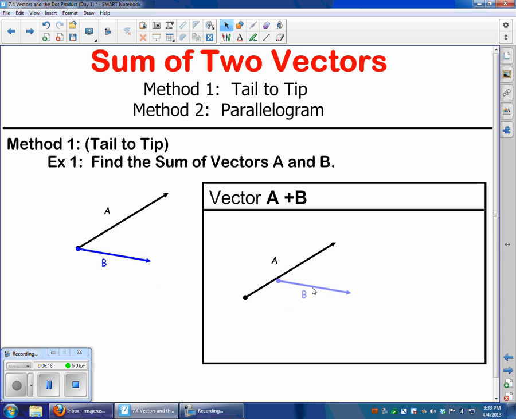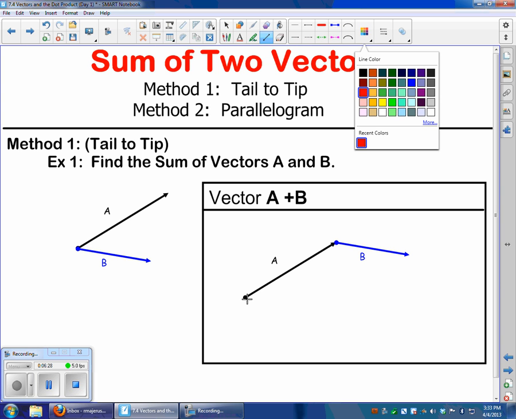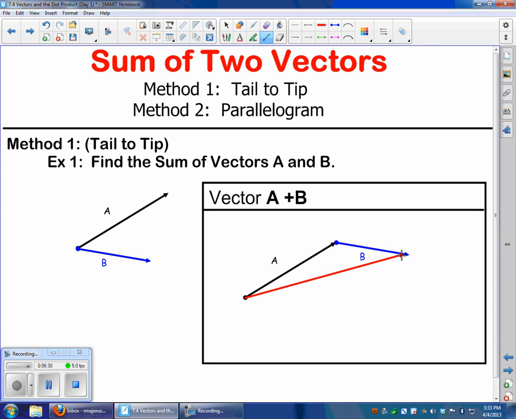What we're going to do is just slide B to the very tip of A, and then we draw in this new vector. This new vector is what we would consider the sum of A and B. So with those two forces acting on that plane, this would be vector A plus B.